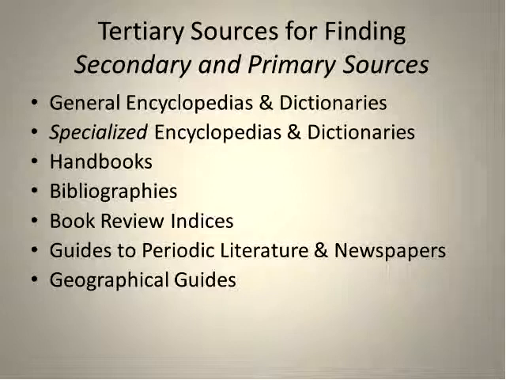Geographic guides. History students have a tendency to be interested in, but frequently lacking in the details of, geography. So geographical guides like gazetteers are exceptionally important reference sources for pursuing a topic. Place name guides, like in Alabama, Foscue's Place Names in Alabama, are extremely important.